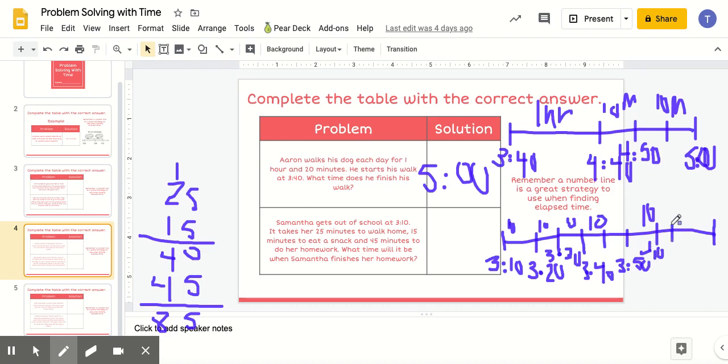Okay, 10 more. So far we've done 50 and we need 85, so 60. So 10 more would be 4:10. And I'm going to do another number line down at the bottom. And I'm going to start at 4:10. Plus 10 more would be 4:20.